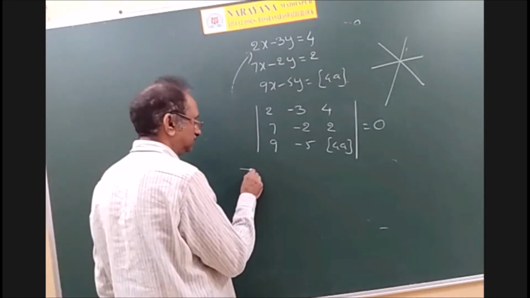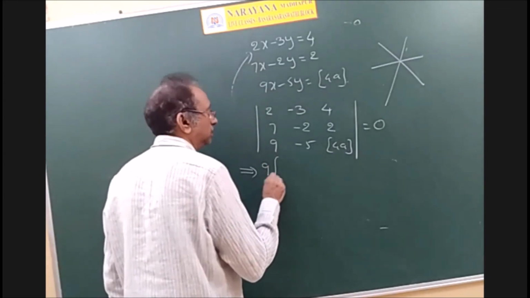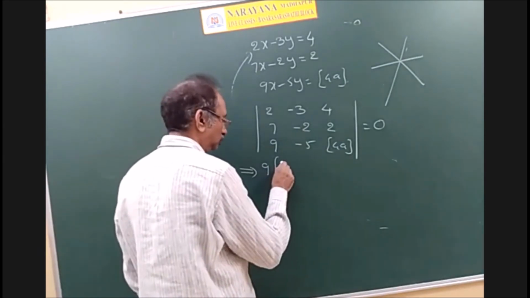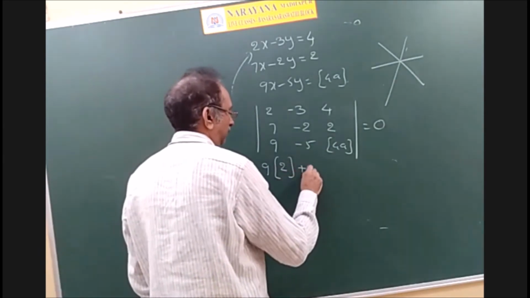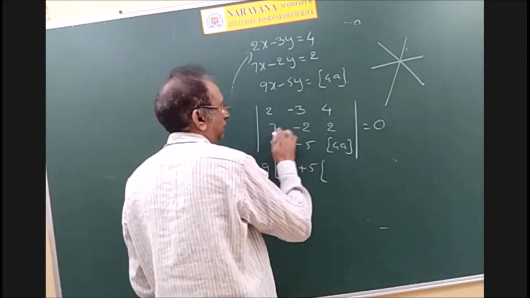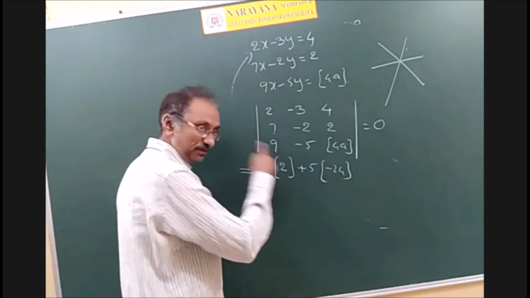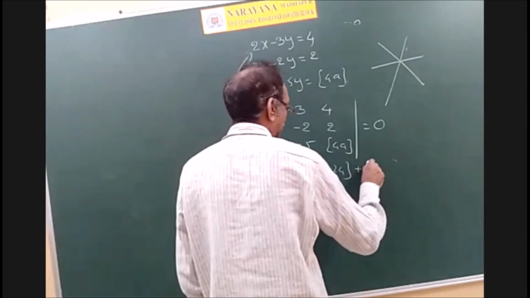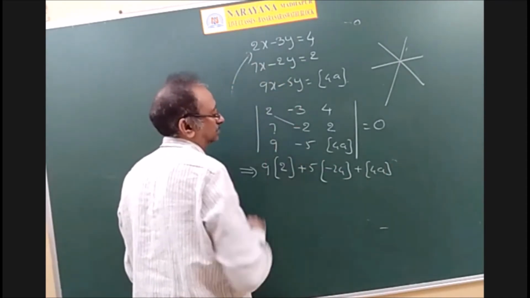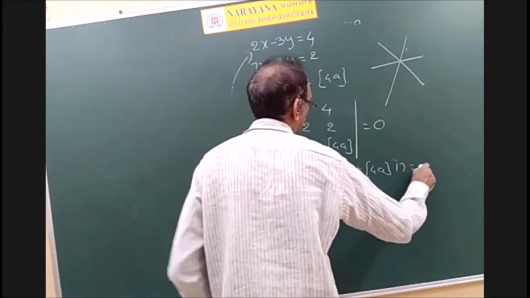So expand this. Expand along this row. You can expand along any row. 9 into, this is minus 6. This is plus 8, 2. Plus 5 into 4 minus 28, minus 24. Those are the numbers we are getting here. Plus integral part of 4a into, and this one is minus 4 plus 21, that is 17, is equal to 0.